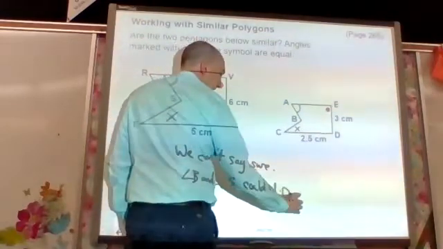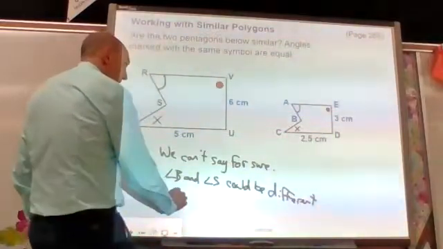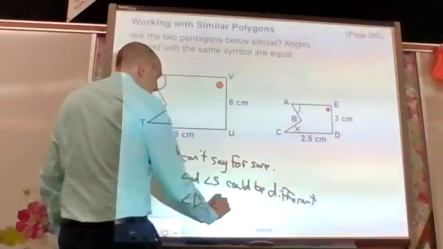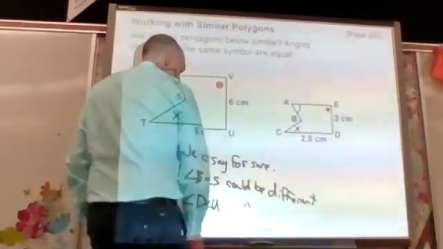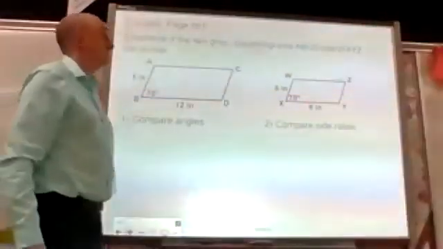Angle B and angle S could be different, and angle D and angle U could be different. Okay, so let's take a look at the next example.